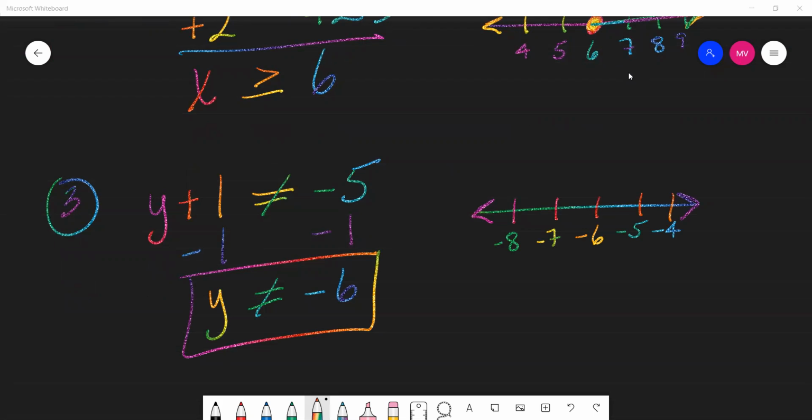Because remember, we always want to make sure that when they're negative, the smaller negative number has a higher value. Okay, so we start our graph at -6. Is it open or closed? Open, because it cannot include -6. And then which way do our arrows go? We go in both directions, because as long as the number is not -6, it is a true statement.